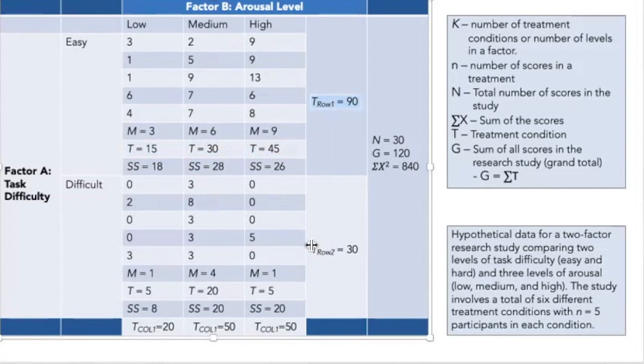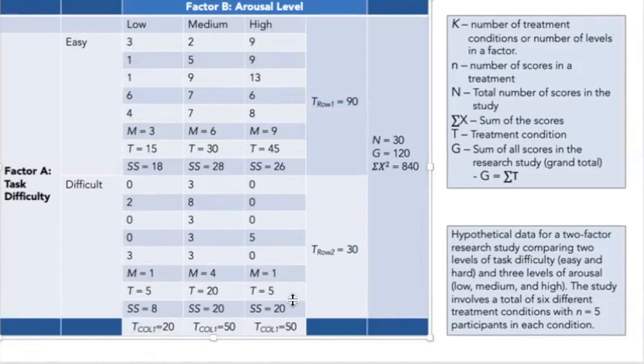The same is done for the difficult condition as well. T row 2 here is once again 30. And we have done the same for columns as well. The T columns here: 15 here, 5 here, that is 20. This one is 50. This one is also 50.